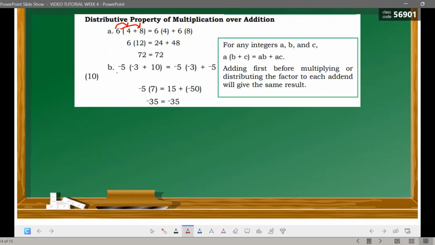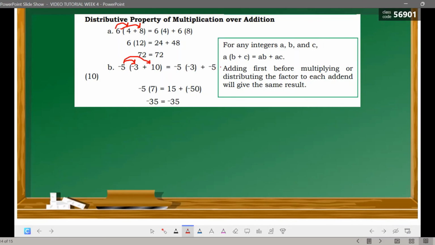Okay, letter B. Negative 5 times the quantity of negative 3 plus 10 is equal to negative 5 times negative 3 plus negative 5 times 10. Okay, distribute din natin tong negative 5. Kumbaga yung nasa loob, iisa-isahin mo siya. Didistribute mo yung nasa labas na number. So, negative 5 times negative 3. Negative 5 times positive 10.